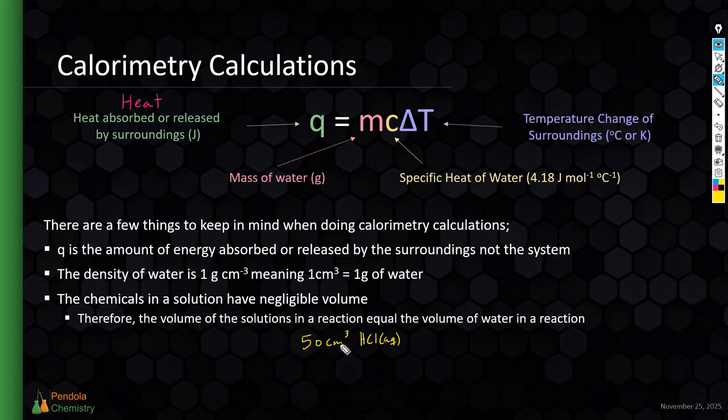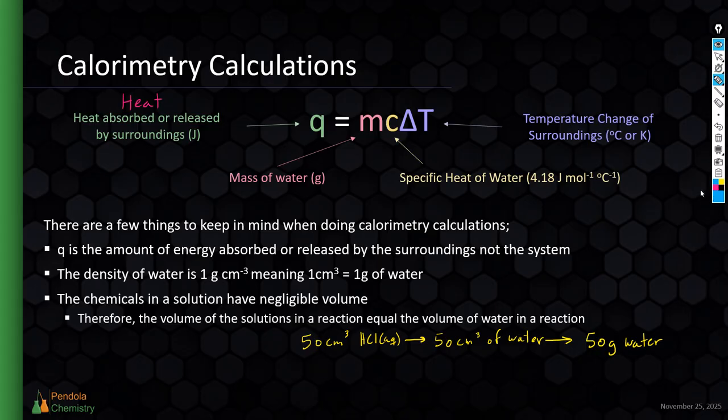So when we say we have 50 cubic centimeters of HCl aqueous, we can take this to mean, for the sake of calorimetry, that we have 50 cubic centimeters of water. And because we have 50 cubic centimeters of water, we can also take that to mean that we have 50 grams of water, because that is the 1 gram per cubic centimeter density.